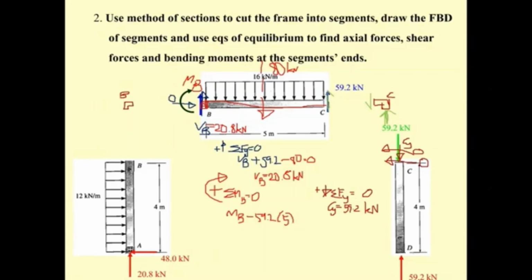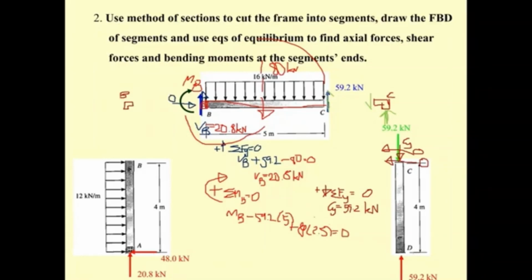And then we have the resultant force of 80 kilonewton, which acts at half of 5 meters, in this direction, so plus 80 times 2.5, and then make it equal to 0.